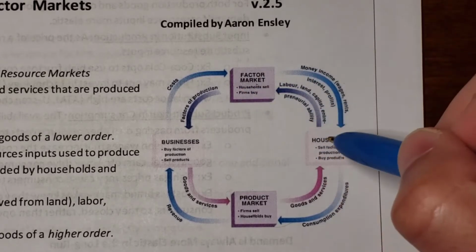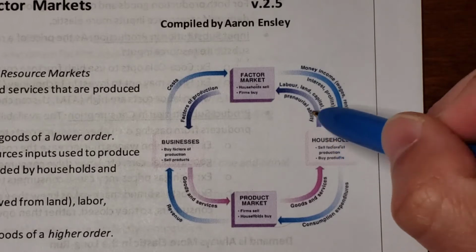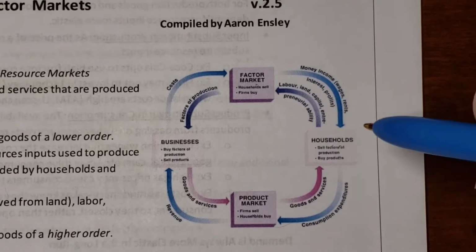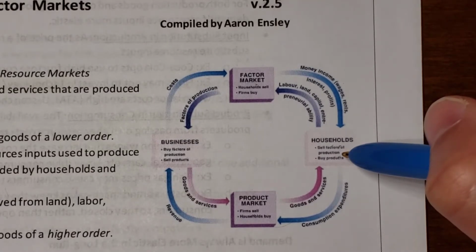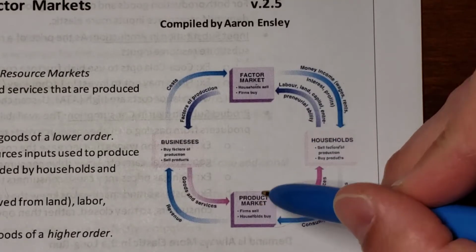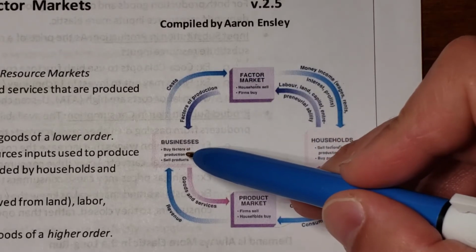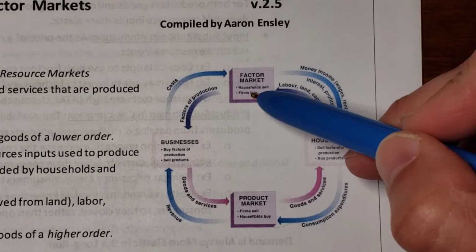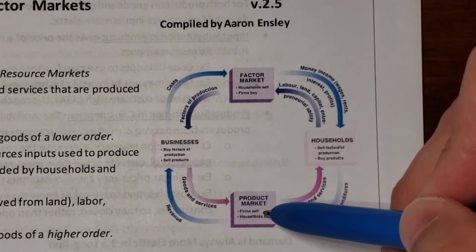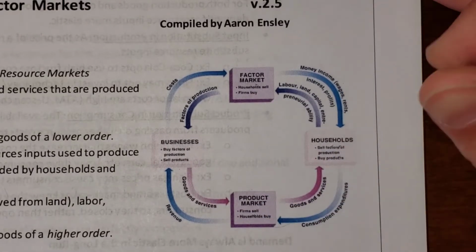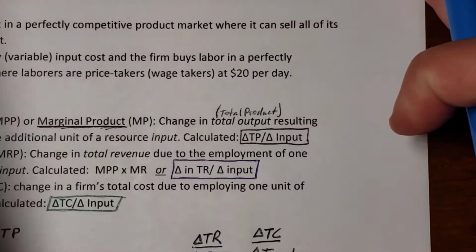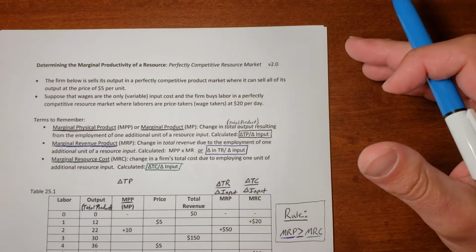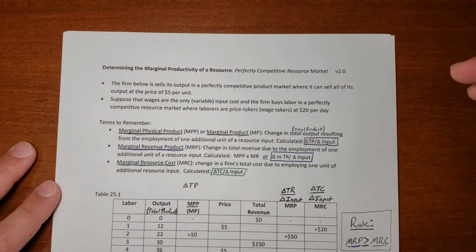So they're suppliers of those resources, and the firm is the demander. So the household is the supplier of resources and the demander of products, whereas firms are the demander of resources, but the supplier of products. All right, just a quick overview of what resource markets are and how they're different than product markets.